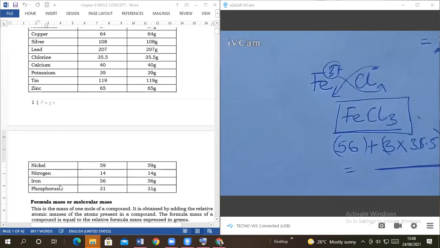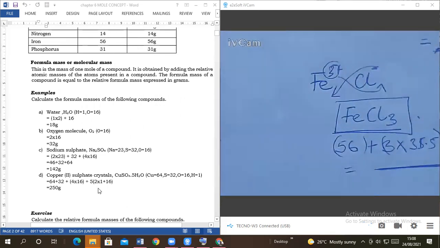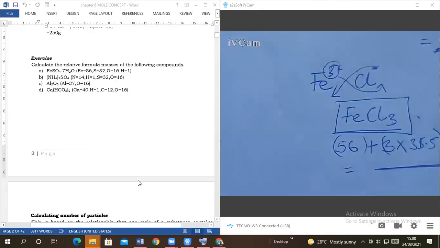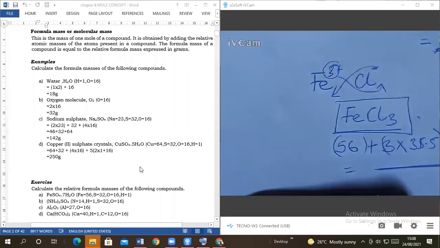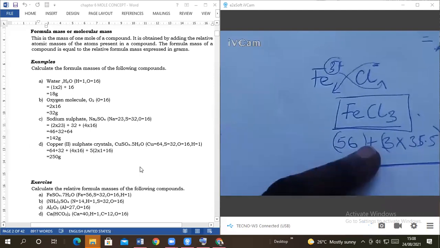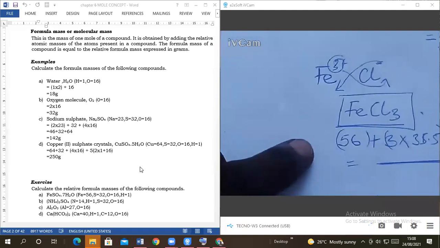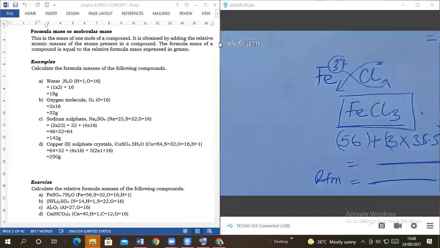It's 35.5. So if you multiply this by 3, add it to 56, that is the relative formula mass of that substance. Is it clear?